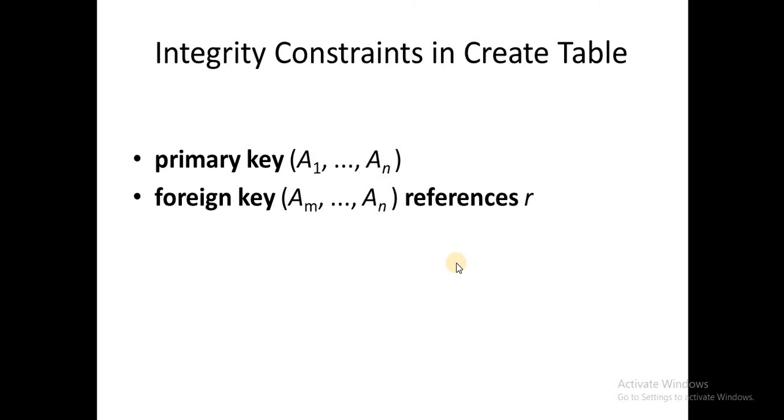In this slide, you can see the two kinds of integrity constraints. The first one is primary key, called the entity integrity constraint, and the second one, foreign key, is called the referential integrity constraint, because it builds the relationship between the two relations. Both are essential to make an efficient database design.